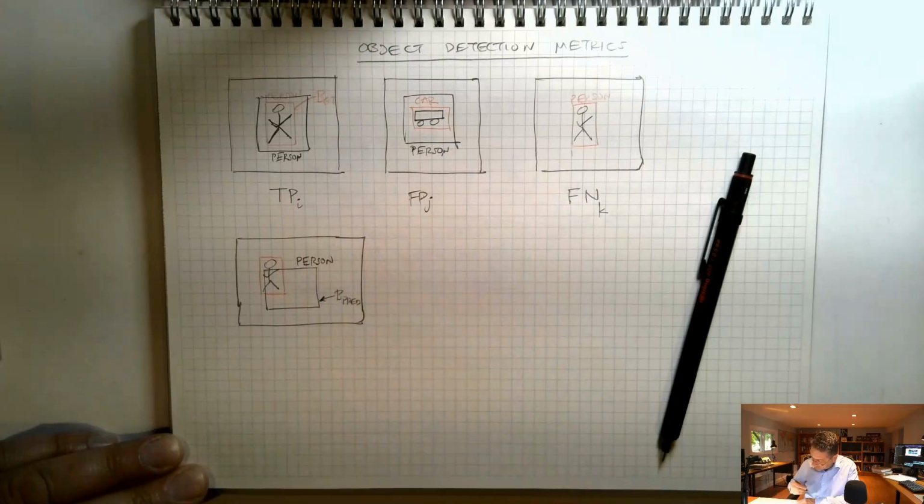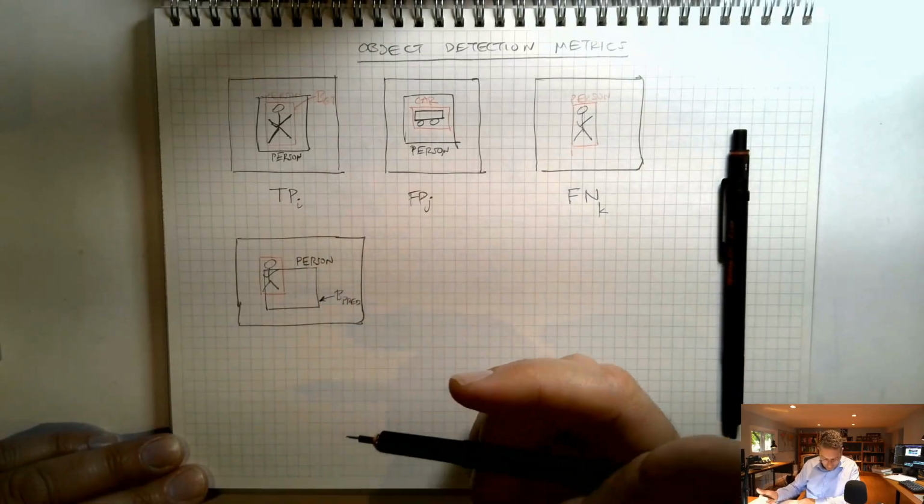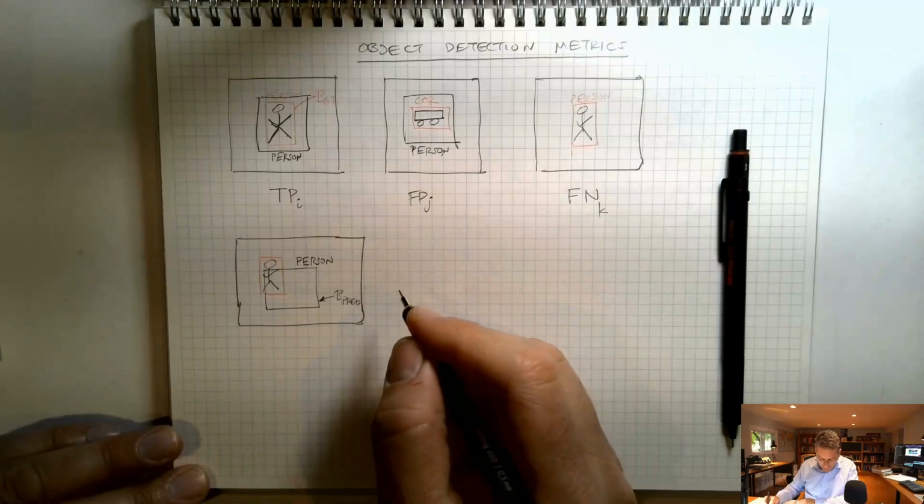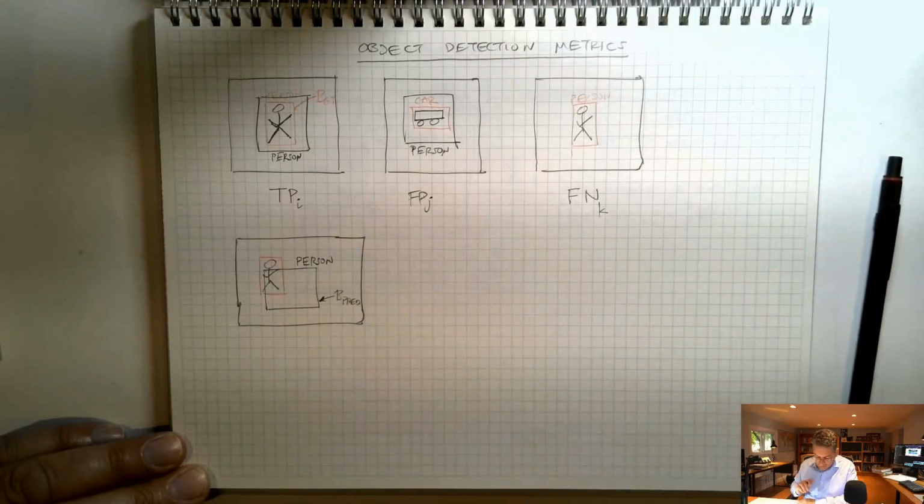I'm going to be defining the so-called intersection over union. So what is this intersection over union?